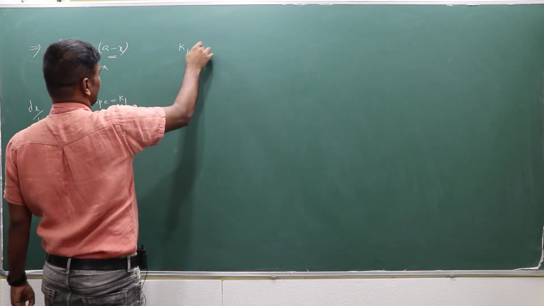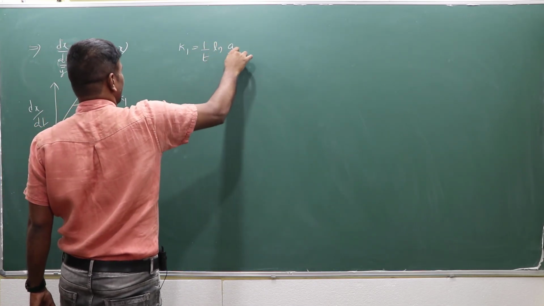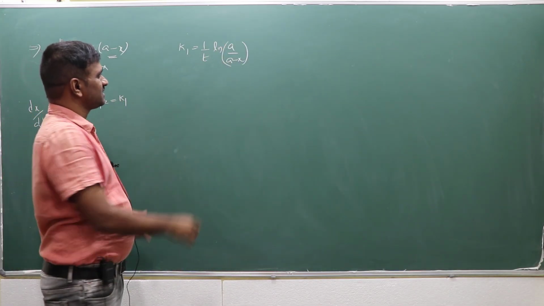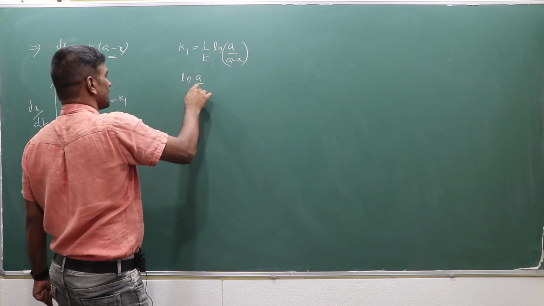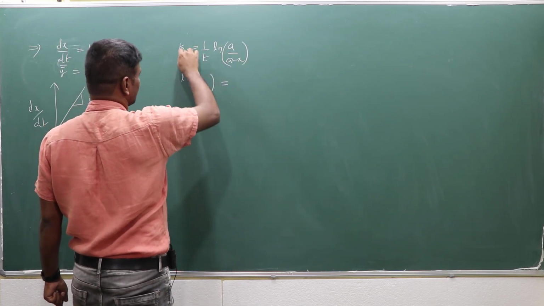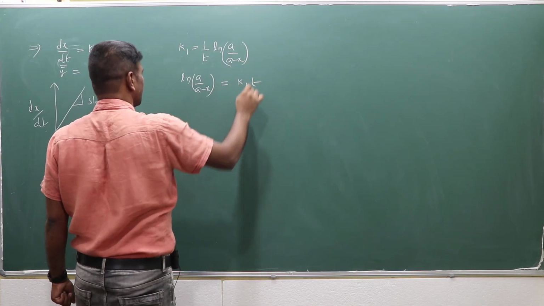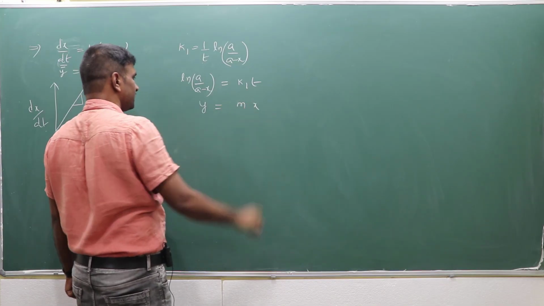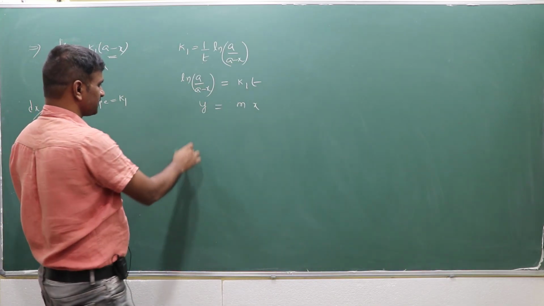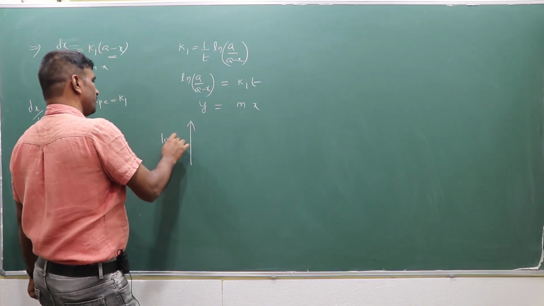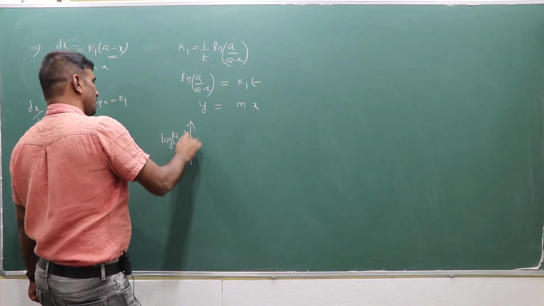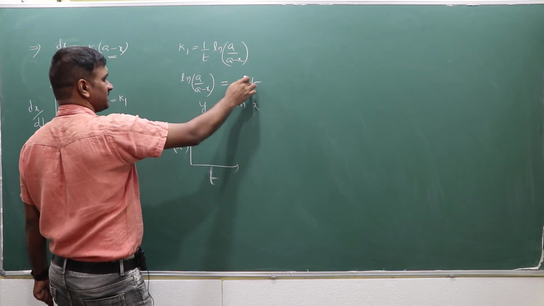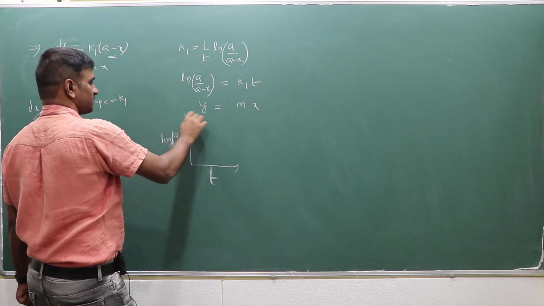And we know another one, 1 by t into ln A by A minus X is equal to K1. So ln A by A minus X is equal to K1 into T. Using this, the plot between ln A by A minus X versus time T, in the x-axis time, y-axis this one.